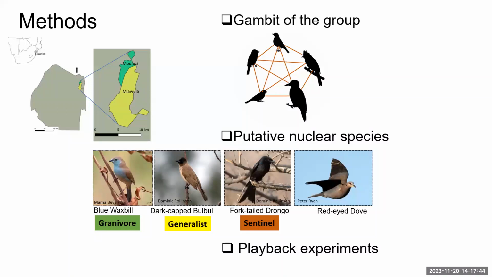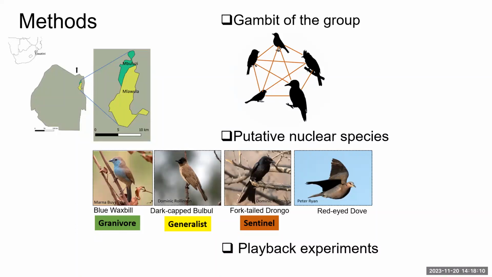What was exciting here was that the blue waxbill is a granivore, and granivores are not usually associated with nuclear roles. So we're excited to test that. Also, the bulbul is a generalist, and a generalist may or may not be a nuclear species. The drongo has been shown to be an important nuclear species in other systems, so we're excited to test the drongo.